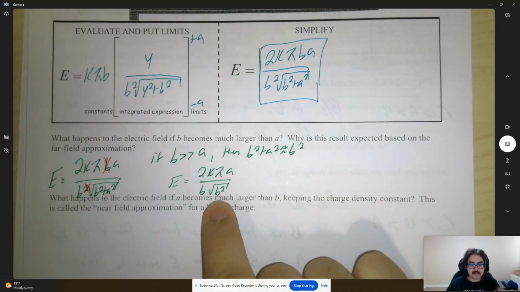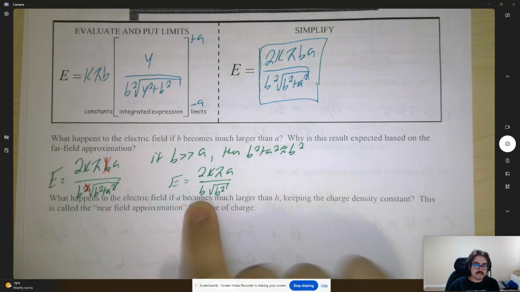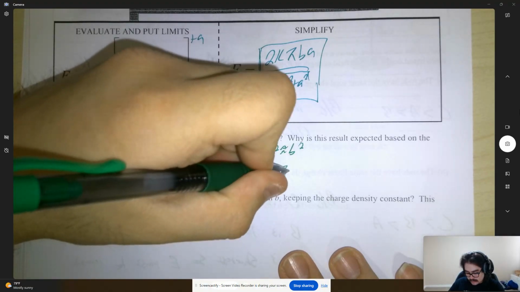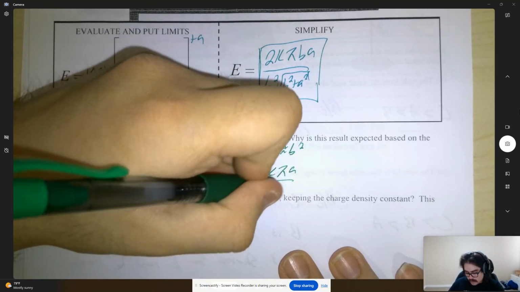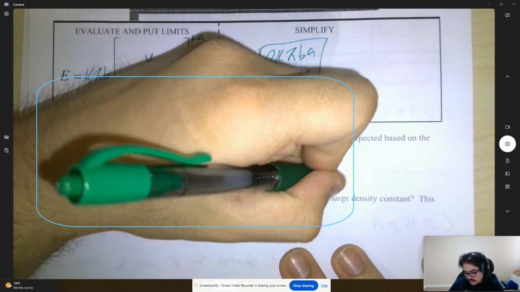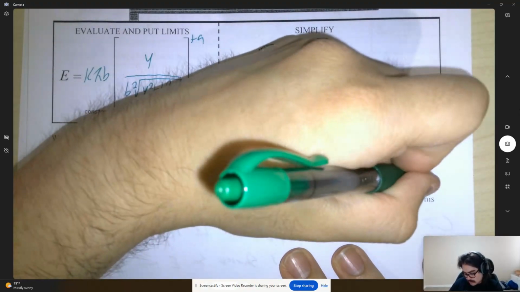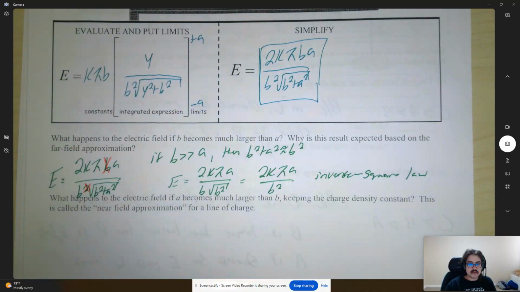And then b multiplied by b gives you b squared. So this would actually just end up becoming 2k lambda a over b squared. And that is the beautiful inverse square law that we've been looking for. So that works out. It's expected because it has an inverse square law.